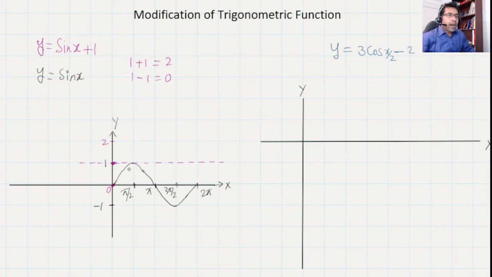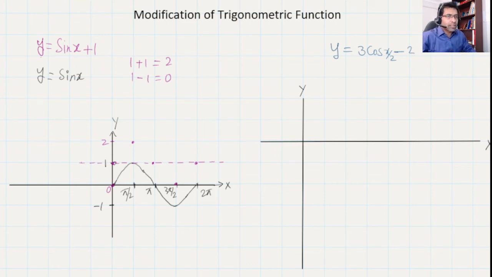Now we have to start from here instead of 0, so it's shifted up. If I draw it, it will still go up by 1, then come down to the central point, and then go down by 1.